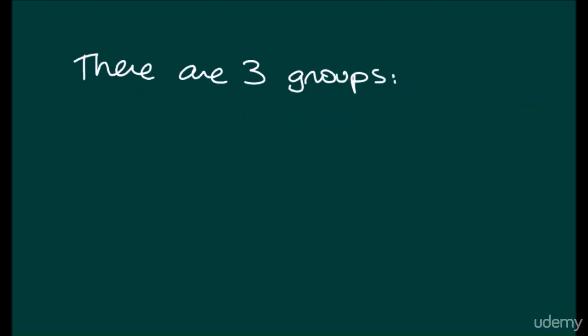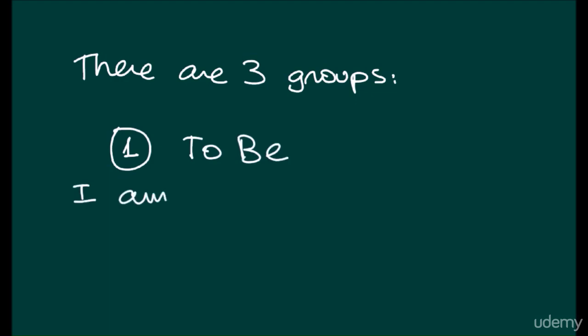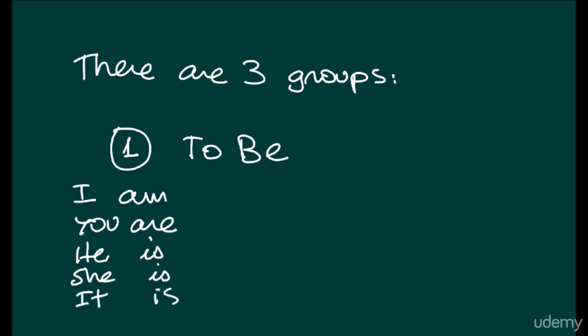Number two, how we create a sentence in present simple. There are three groups. 1. If we want to use the verb to be, then we say, I am, you are, he is, she is, it is, you are, they are, we are.